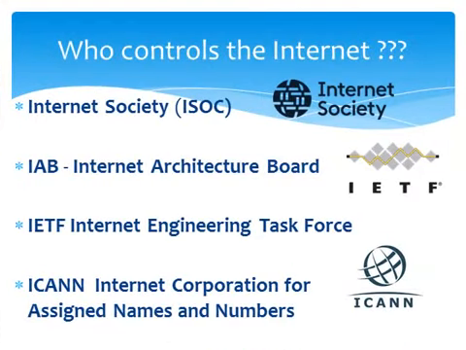Who controls the internet? The Internet Society is an American non-profit organization, and they do internet related standards, education and access. Next you have the Internet Architecture Board, or IAB. It is a committee of the Internet Engineering Task Force, IETF, and an advisory body of the Internet Society.